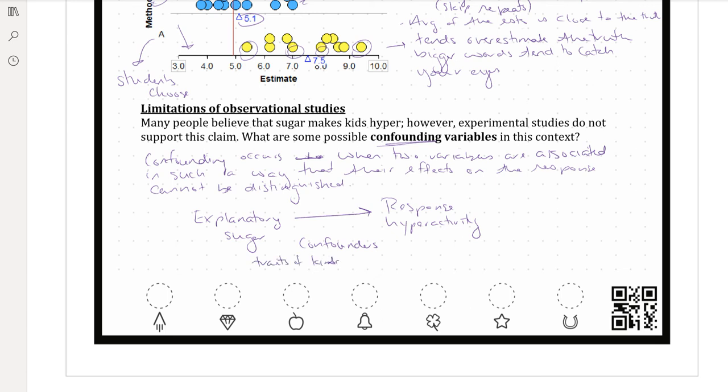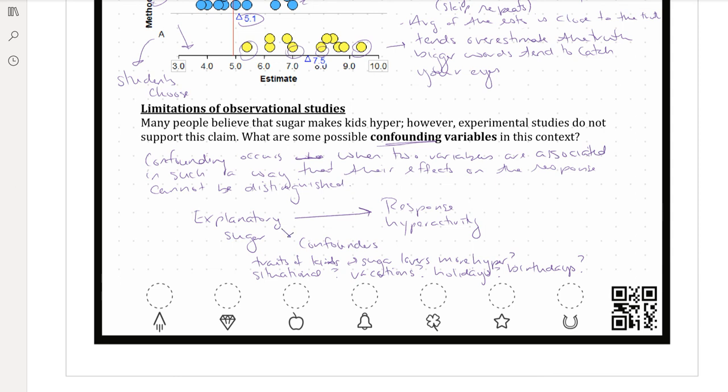Maybe sugar lovers are more hyper. Maybe it's situational. Maybe kids have more sugar on vacations, or holidays, or birthdays, and that's when we see them more excited. Maybe it's just because of the expectations of parents.